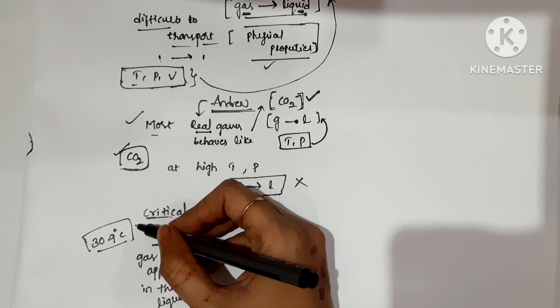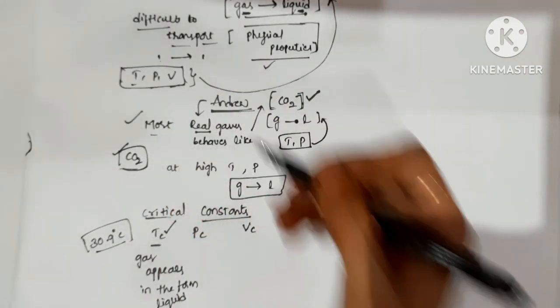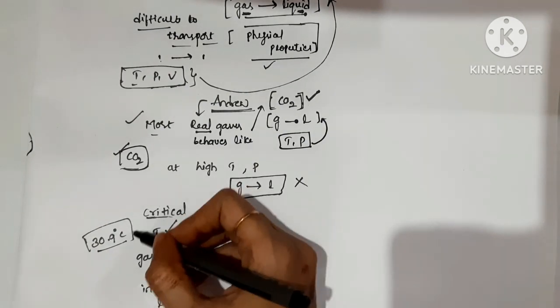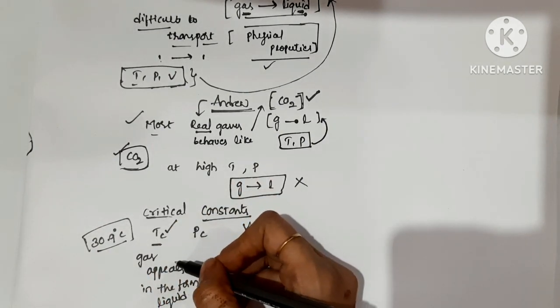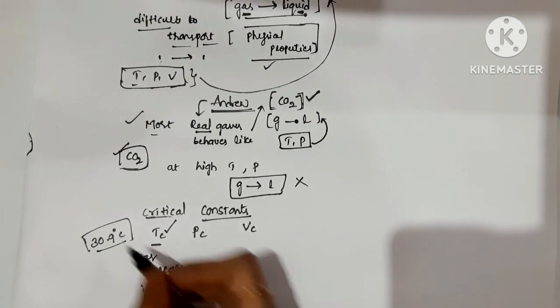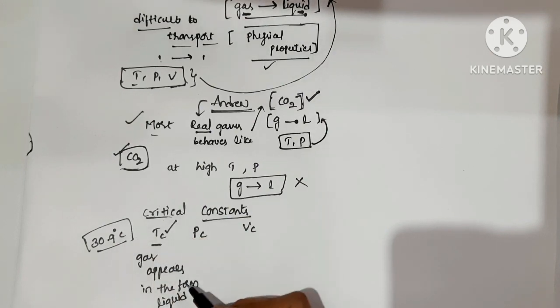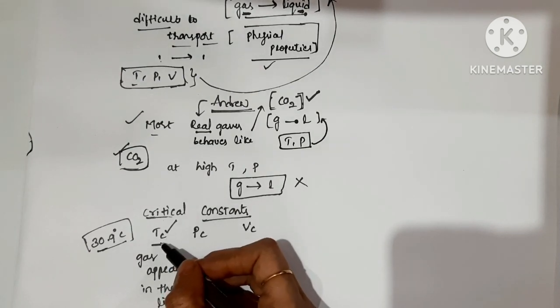This is the critical temperature for CO2, carbon dioxide. That means at this temperature the gas appears in the form of liquid, and liquefaction happens.